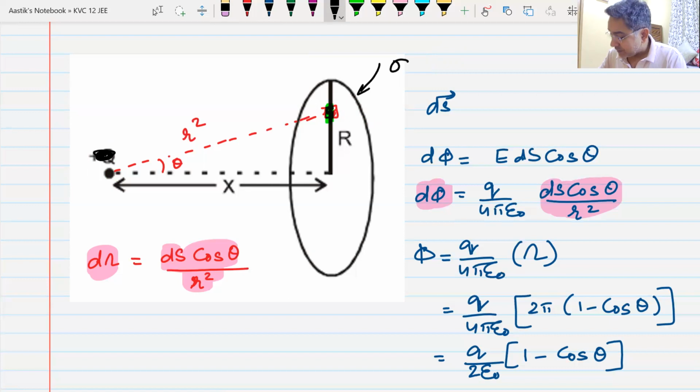And you have a point P. And you have to find out the electric field at point P. I have already given you the formula for this, the electric field due to a disk at any point. Have I given you the formula? Yes, sir. Can anyone tell me the formula?